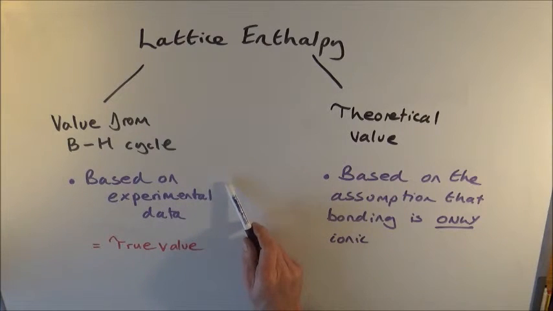Whereas the Born Haber cycle, because we're inputting experimental data, this is actually the observed value. Now sometimes there's very good agreement between the two approaches, and sometimes the agreement is not so good, and I'm just going to show you some examples of that before we look at the reasons for that.